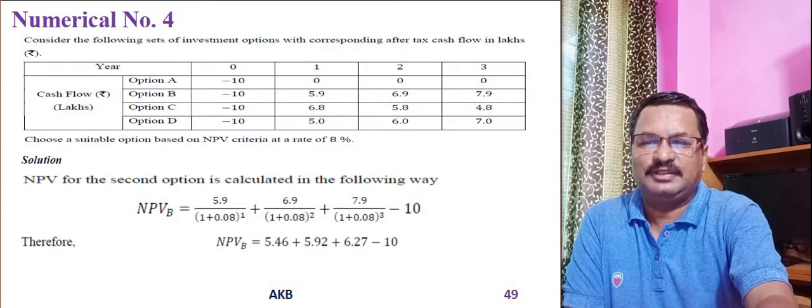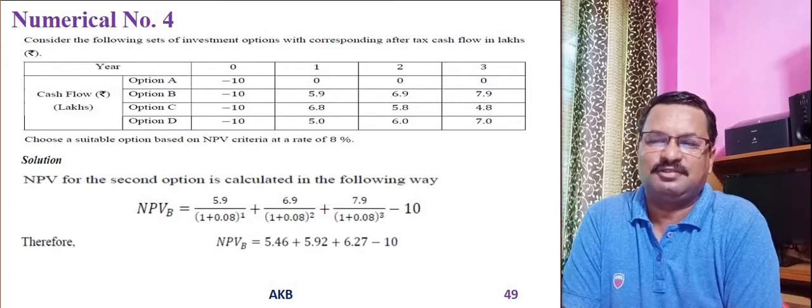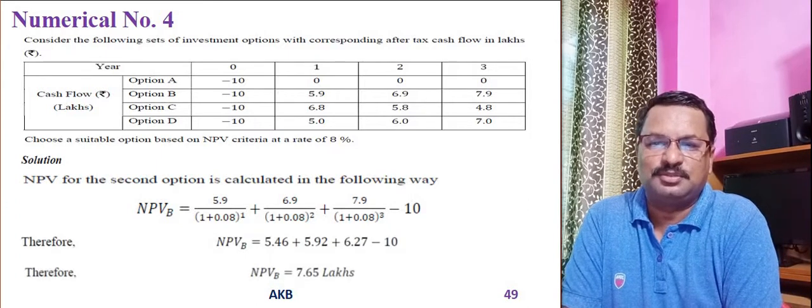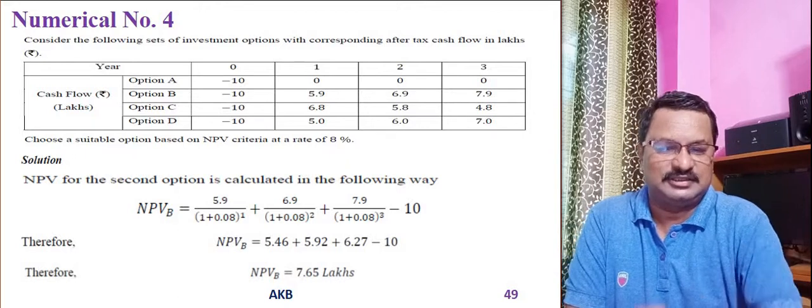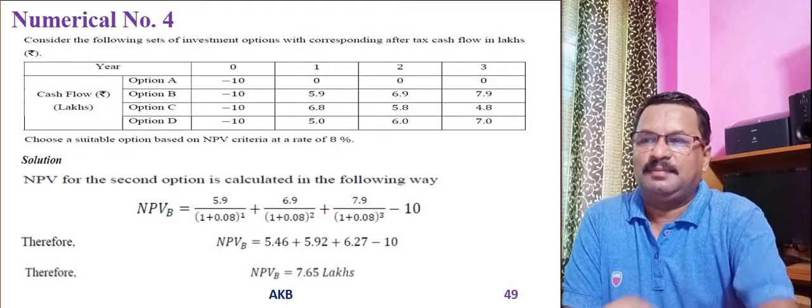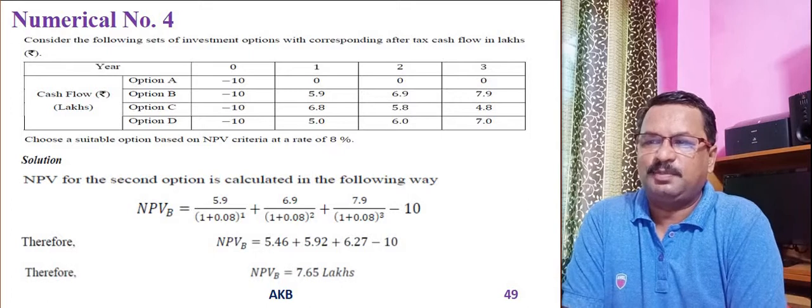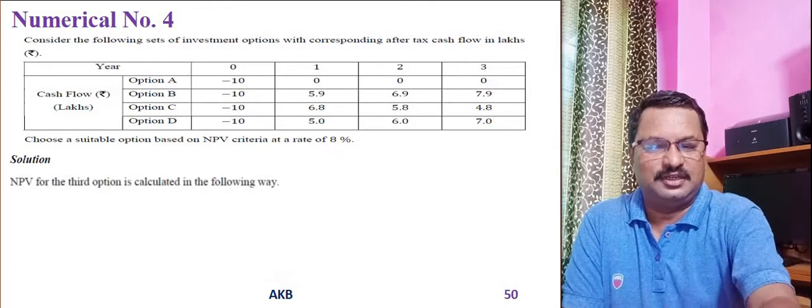So if you simplify this, you will get the net present value for option B as 7.65 lakhs.